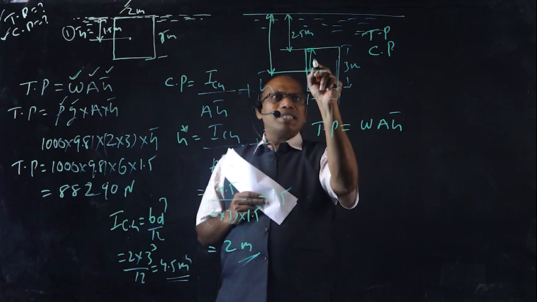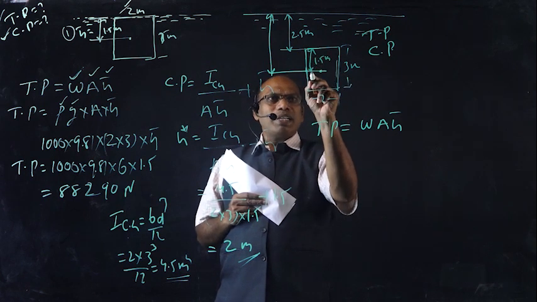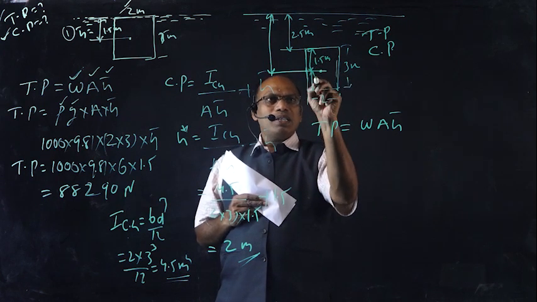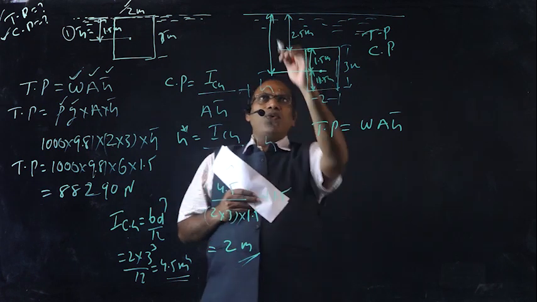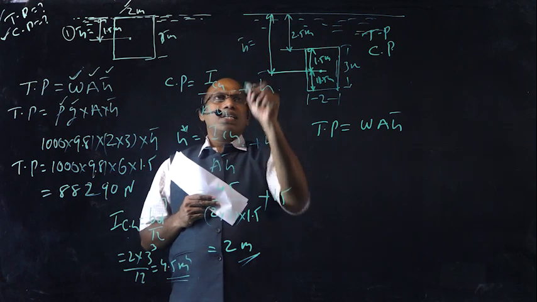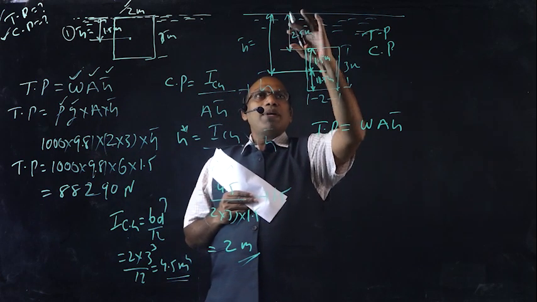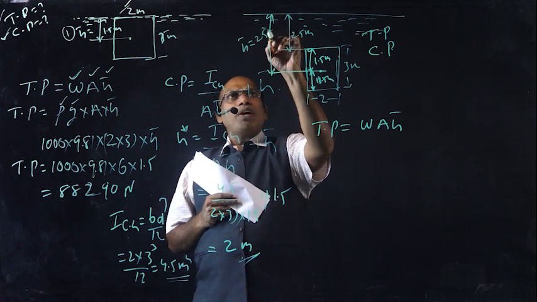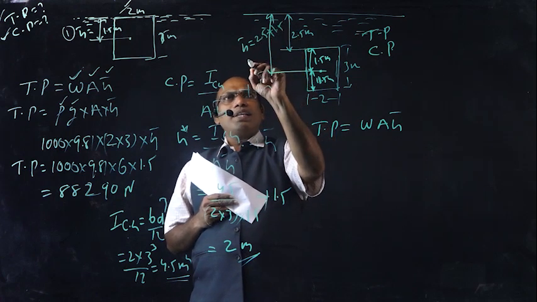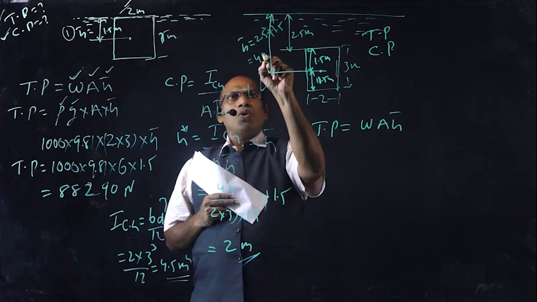Total depth 3 meters, this is 1.5 meters, and this is also 1.5 meters. Therefore, H bar is equal to 2.5 meters plus 1.5 meters, this is equal to 4 meters.